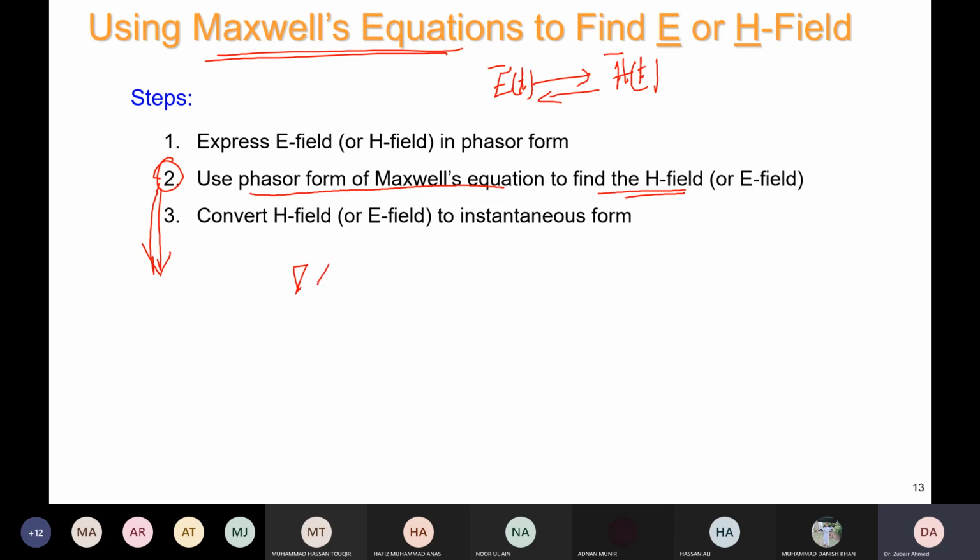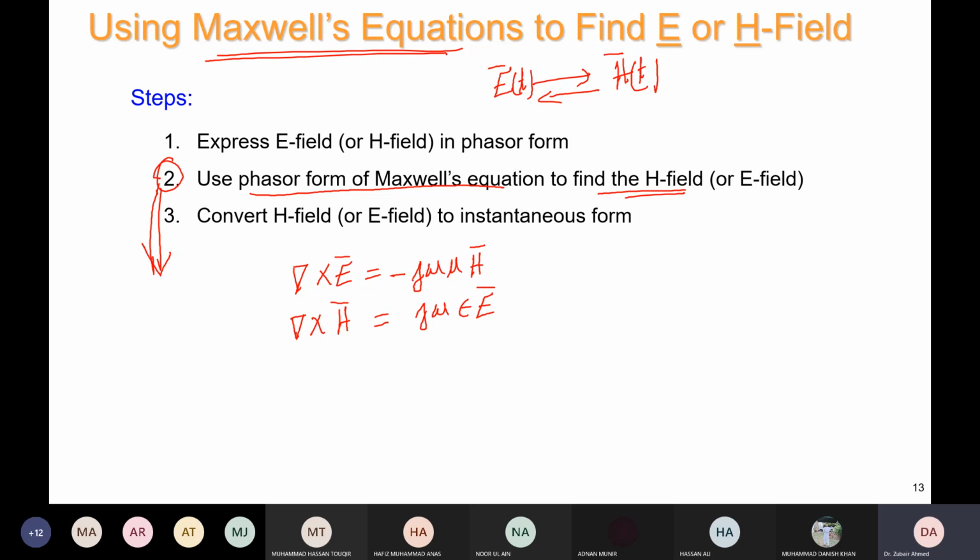So we have two curl equations. Let's say curl of E is minus rate of change of B, so minus j omega mu H. This is Faraday's law. And the second curl equation is curl of H is rate of change of D, j omega epsilon E. This is basically Ampere's law for source free region. We are assuming that J is equal to 0, or source free region.